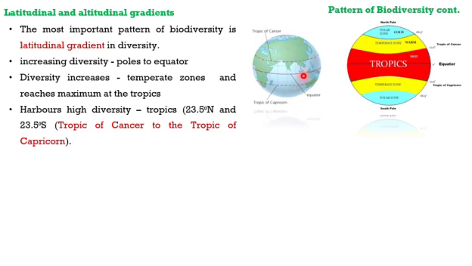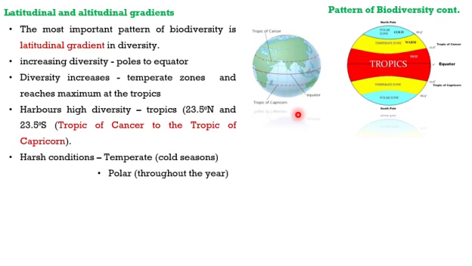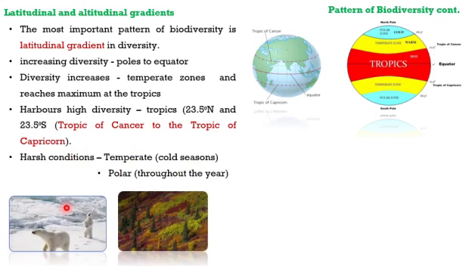0 degree to 30 degree north and 0 degree to 30 degree south, right? As I told you earlier, harsh conditions in temperate regions you only find during the cold season. For example, during the cold season, the temperature will be very low and it will be covered by ice and snow. But in the rest of the seasons, you can find high biodiversity, but not many different types of animals and plants.